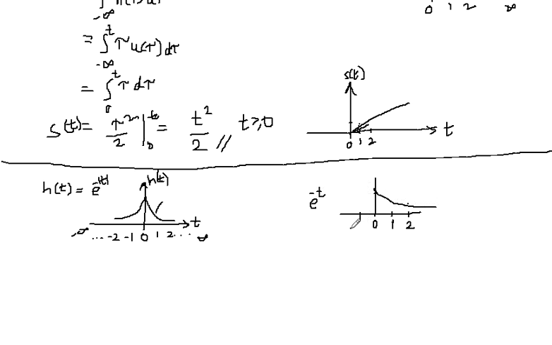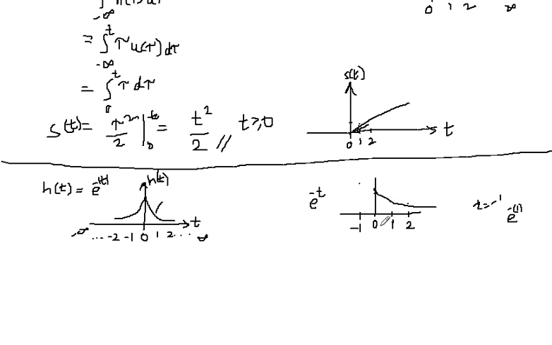But for t equal to minus 1, what does the signal become? It becomes e raised to minus of minus 1, meaning e raised to 1. Its value is e, and the value of e is greater than 1.